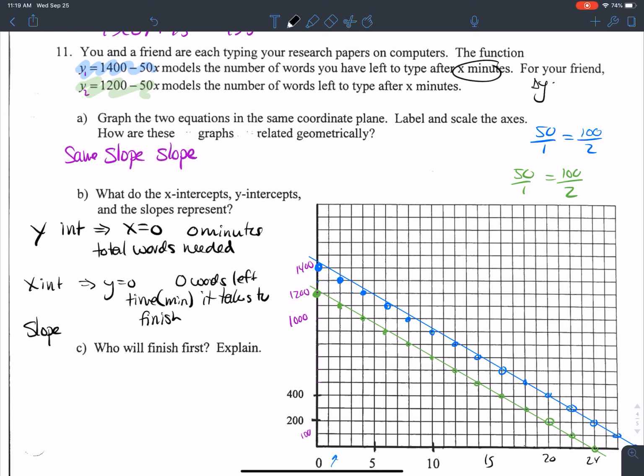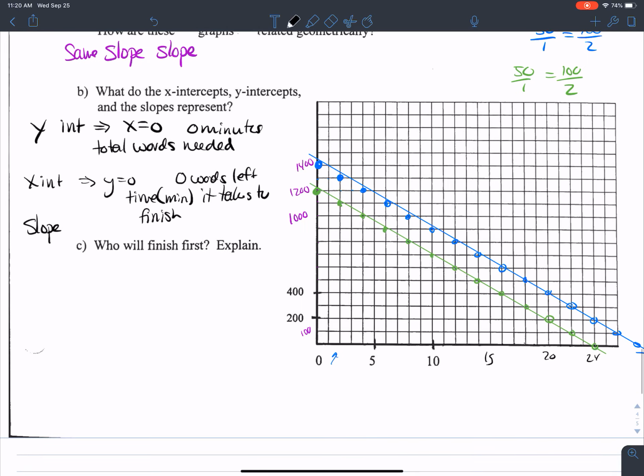The change in y, that's the words, and x is a measurement of time. So words over time, that's how many words per minute you're typing. So it's your typing speed. Realistically, it means 50 words per minute, which I'll abbreviate WPM.